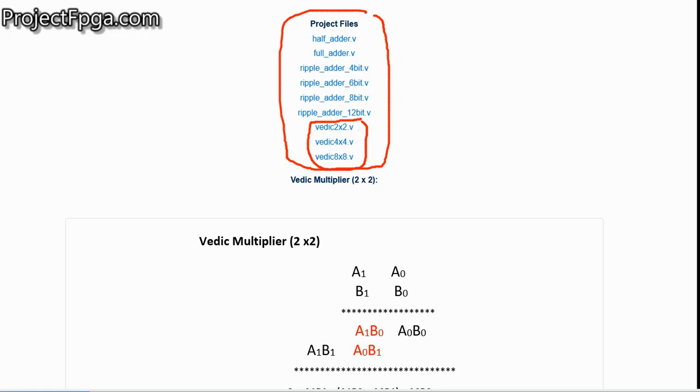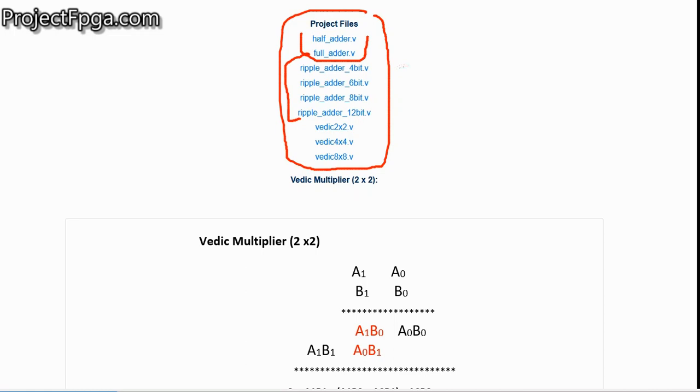But before you are able to do the Vedic, there are other blocks which form the basics of the Vedic. That was why I introduced this tutorial with the half adder and the full adder. So the first files are the half adder and full adder. Then you have the ripple adders, the 4x4, 6x6, 8x8 and 12x12. The 4x4 is just a combination of 4 full adders.